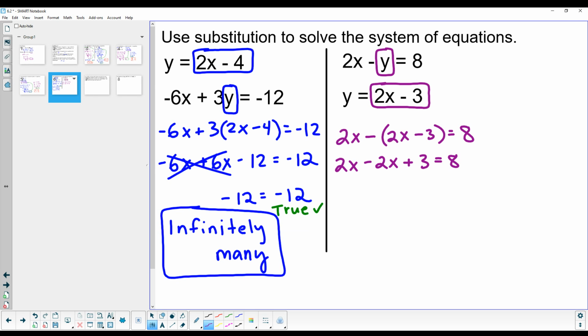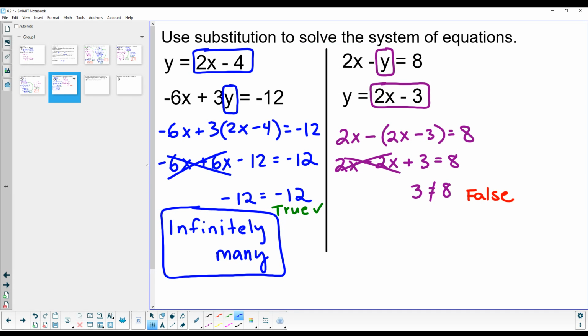It's not really going to make a difference in this particular problem, but it could make a difference in others. So in this situation, 2x minus 2x is going to cancel, and I'm left with 3 equals 8. 3 is obviously not going to be equal to 8. This situation is false.